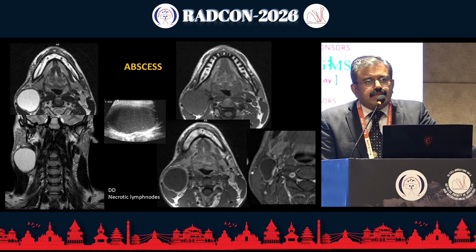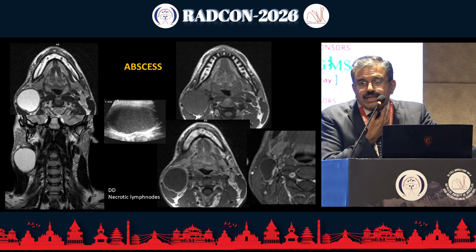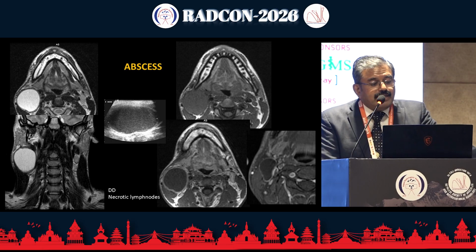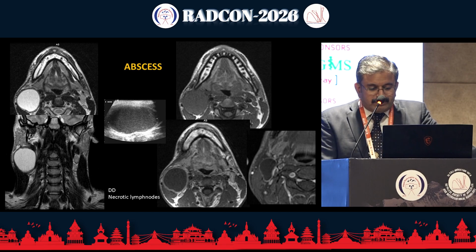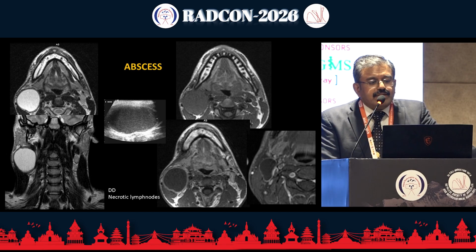This is another cyst that is seen on the left side of the neck, lower neck. It is a longitudinally elongated cystic lesion. In MR, you can see this cyst reaching the anterior mediastinum and touching the thymus. So this is a thymic cyst.